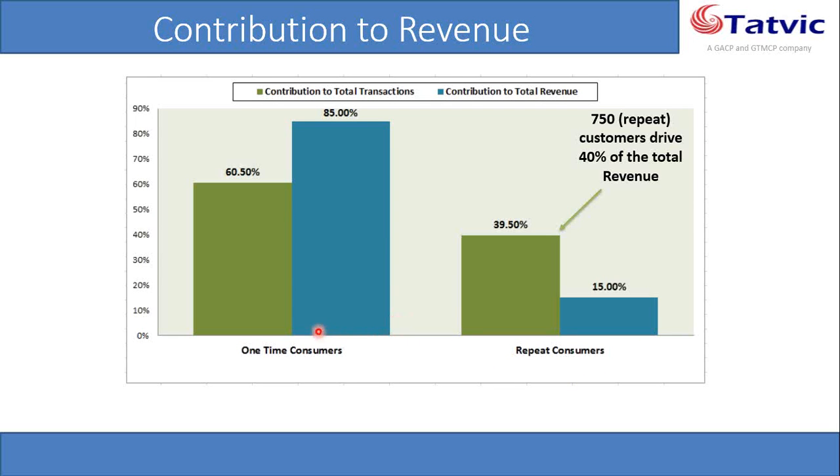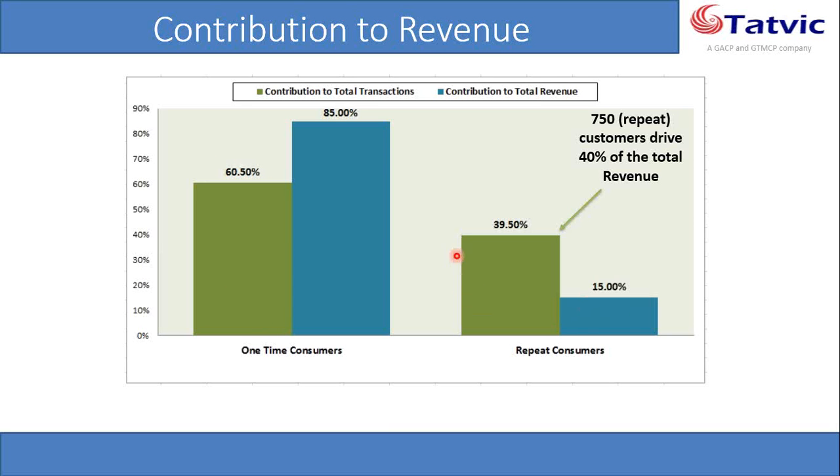So the next metric I wanted to look at was the revenue contribution due to both these groups. Adjacent to the contribution to total transactions, I have plotted the contribution to total revenue. And what we can see here is that no doubt one-time customers have contributed 60% of the total revenue. That is a very, very good number.